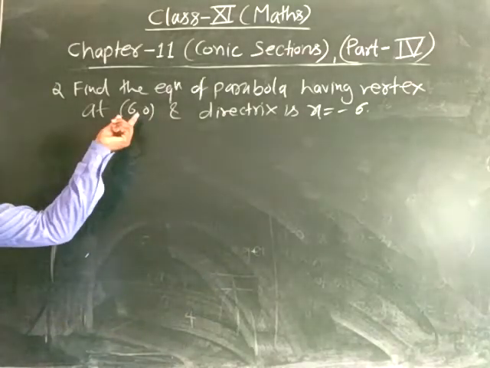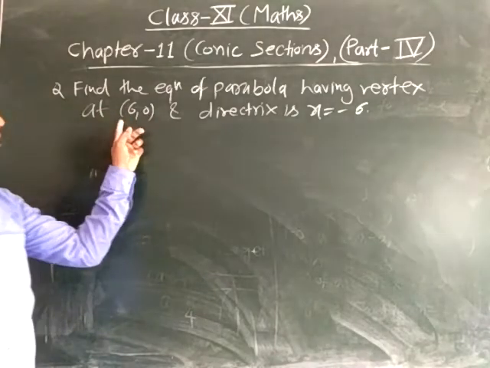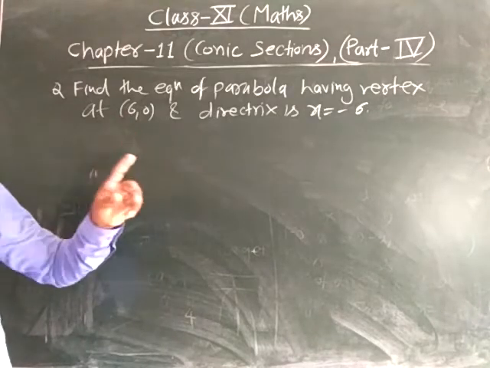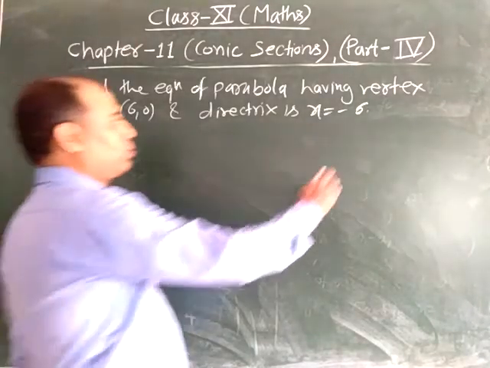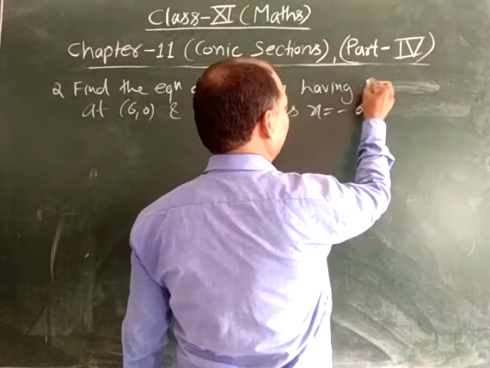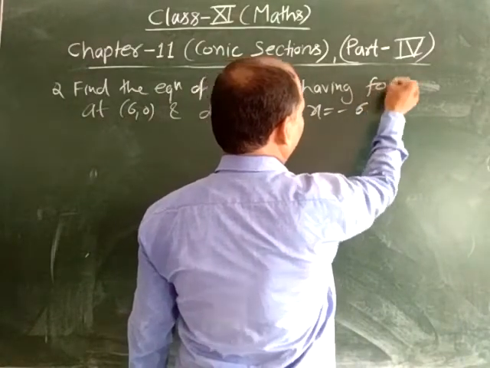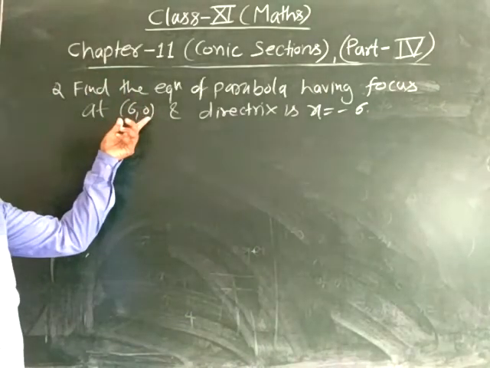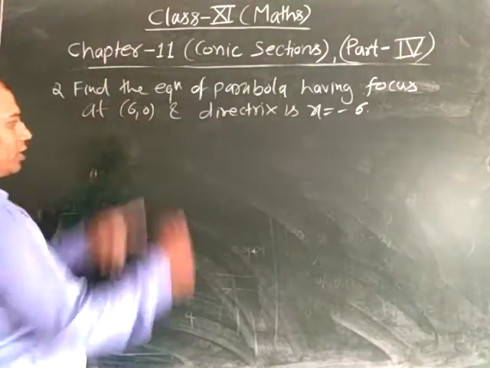So from here it is clear that the vertex is at the origin, and this is the focus. The focus is on the x-axis because the y coordinate is 0.